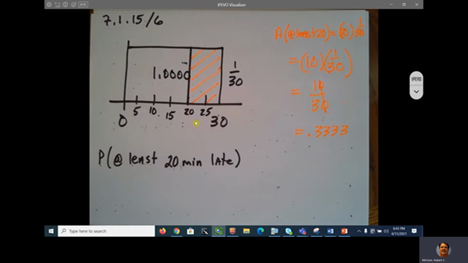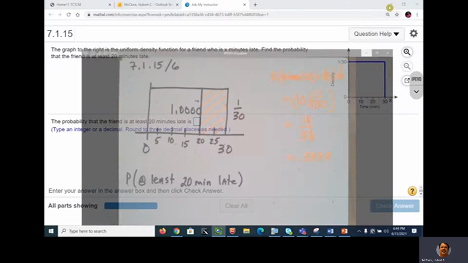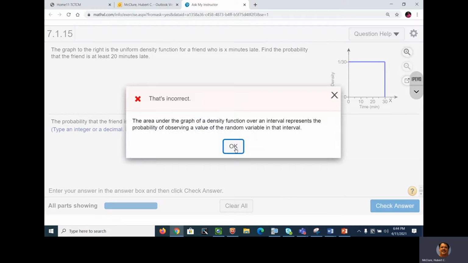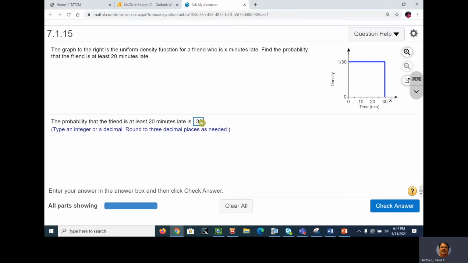So there's a 33% chance, or you have a 0.33 probability that the student will be at least 20 minutes late. Oh, 0.333, sorry.